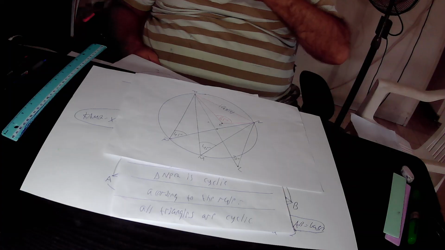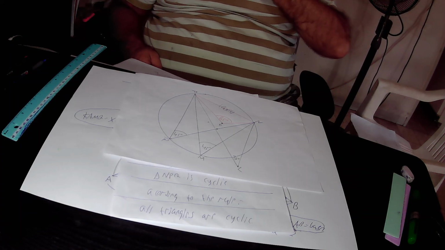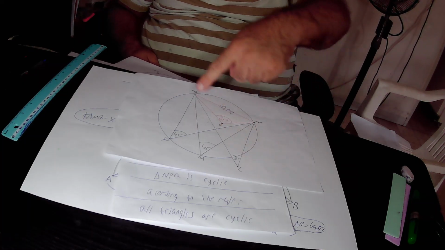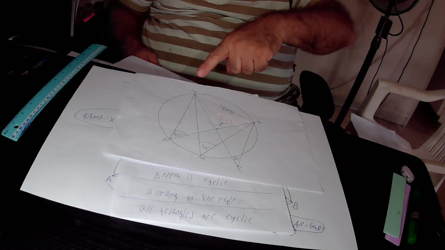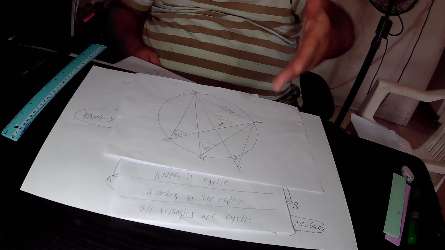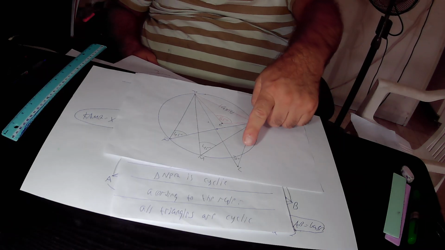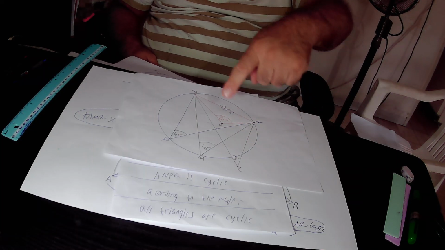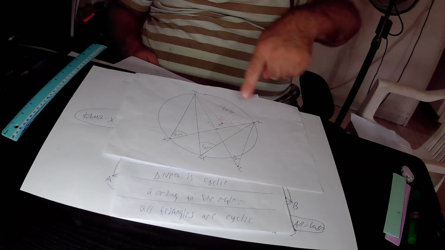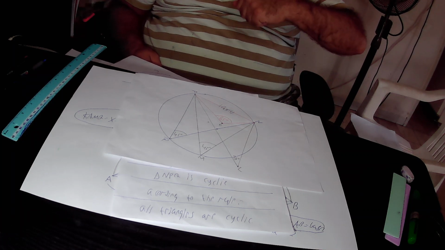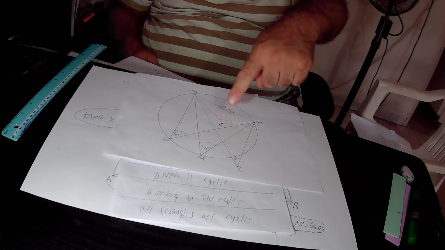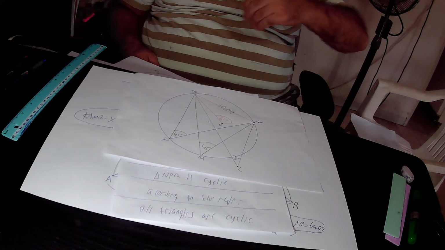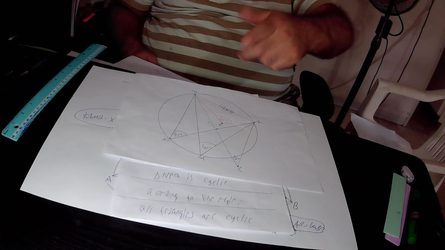What happens if we have an angle that is located outside this circle, like this angle? This is PLN, but it subtends on the same chord PN. What is the size of this angle? The size of this angle is 39 degrees. So you can say that all the angles that lie outside this circle and subtend on chord PN will be less than 45 degrees. Likewise, we have this angle PON, that also subtends on chord PN, but the size of this angle is 85 degrees.